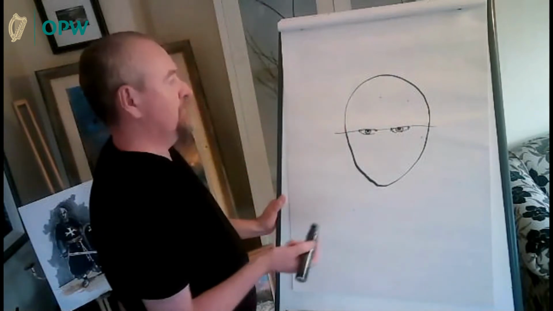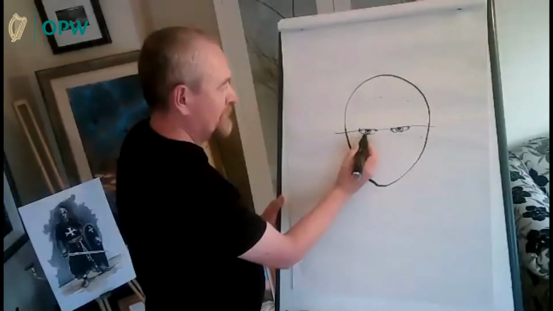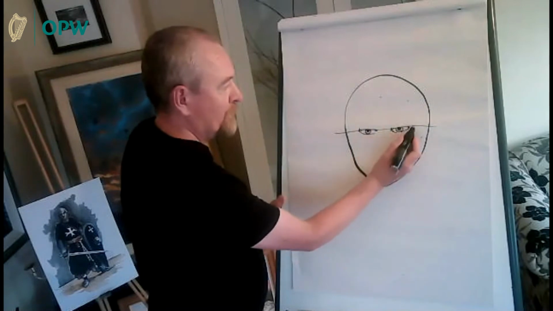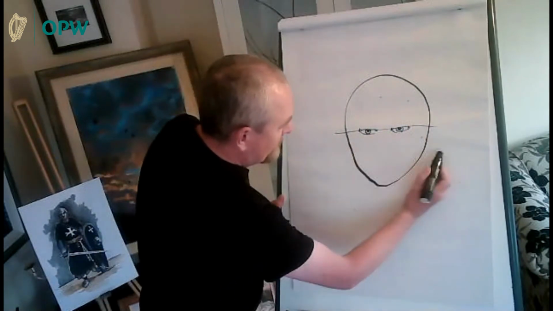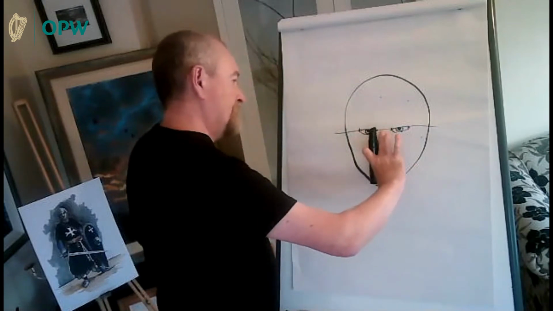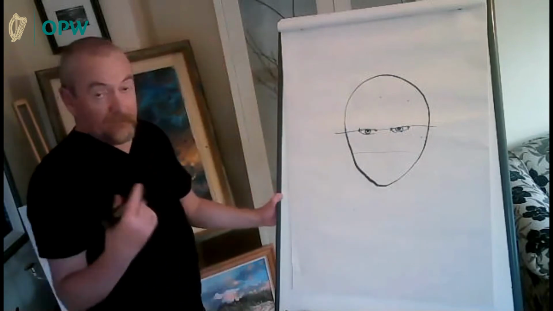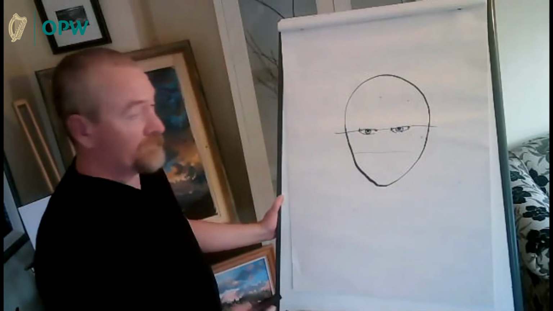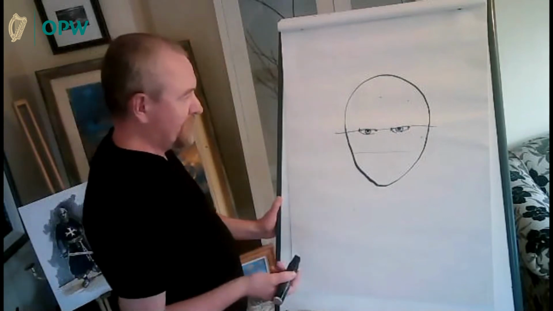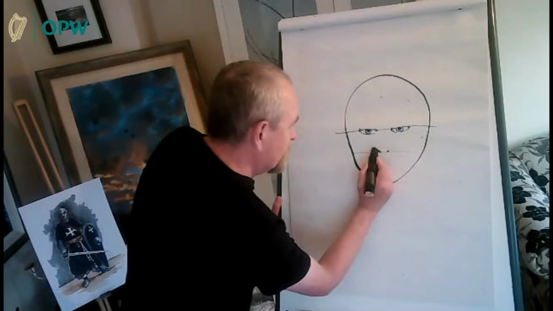But what we'll do, just for general rules now, so if you remember, 1, 2, 3, 4, 5. If we go relatively halfway between what we have from the eyes to the chin, and we put a little marking there, that's where your nose is going to go. And these are all broad rules, of course, they don't apply to every human, but roughly, that's where your nose is going to be.